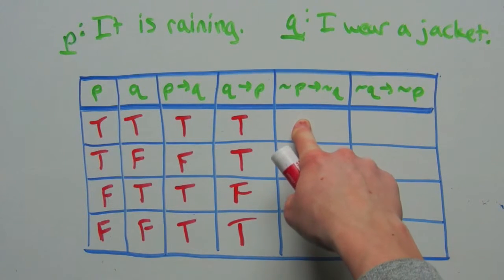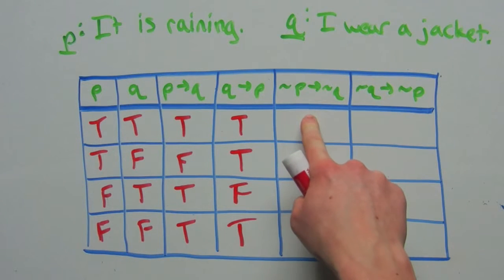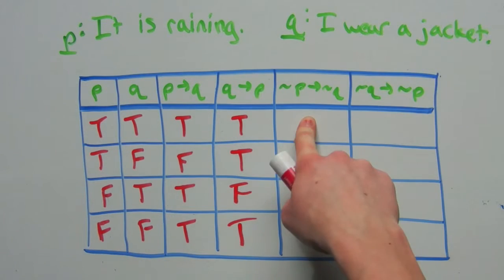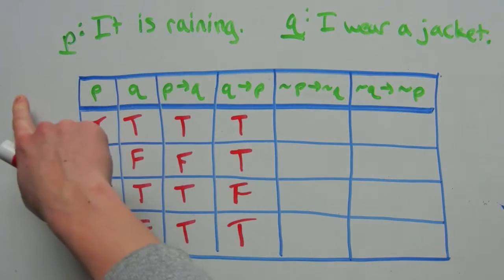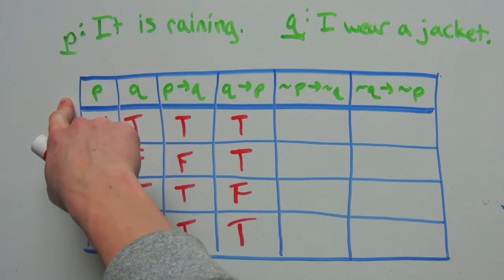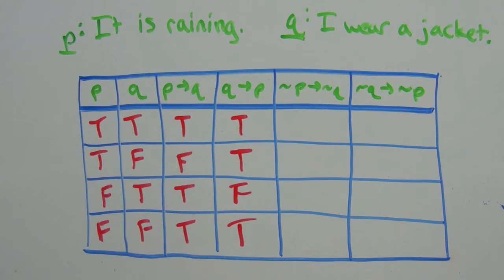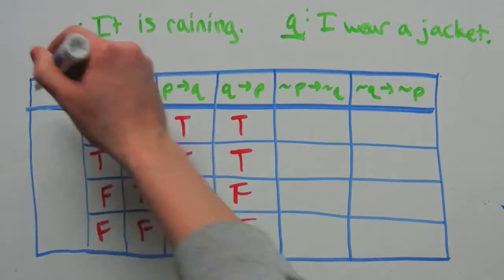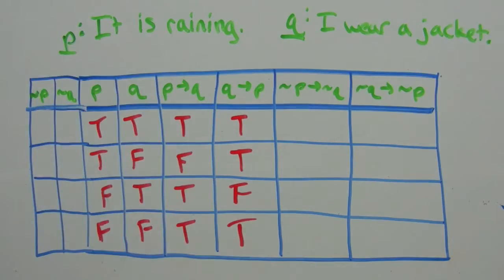So now we're going to look at not P implying not Q. So let me go ahead and add not P and not Q so that the truth values are easier to see. So remember, the negation has the opposite truth values.